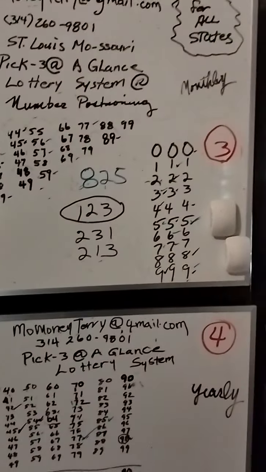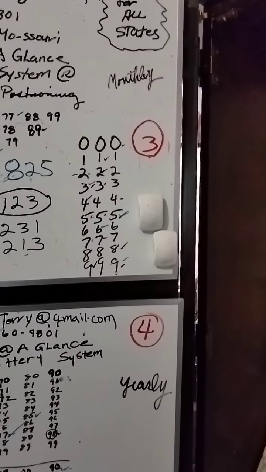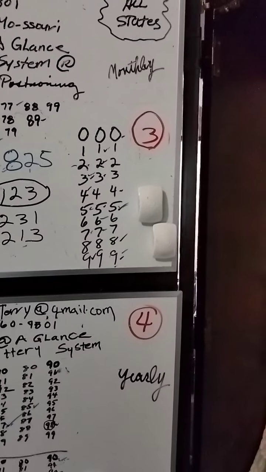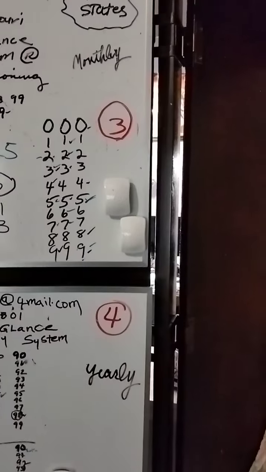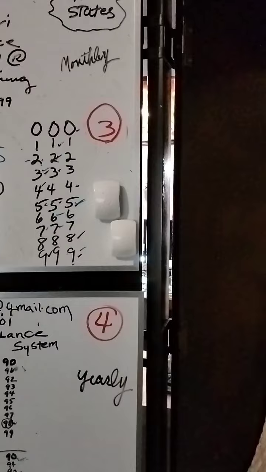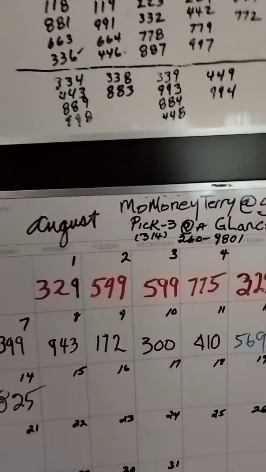And then I track the pairs. That way I know when I hit and I see a pair, like we found the 23 hadn't hit in 100 days, then I start playing. I pick it up and I hit the 25 on the calendar. I keep it on, I'm marking on the calendar.